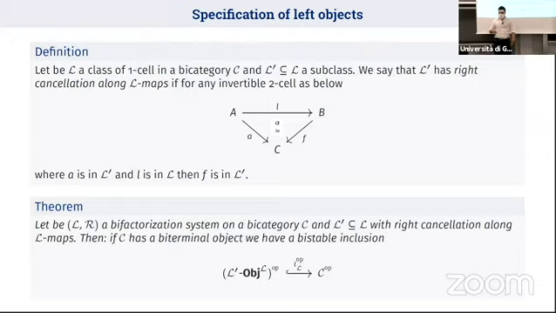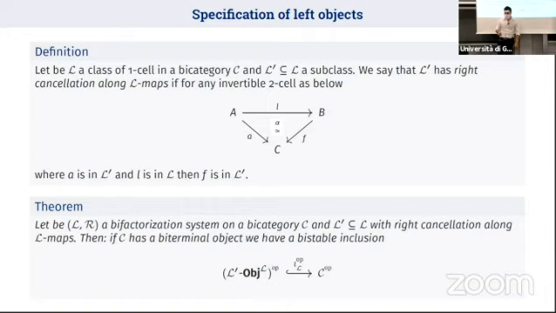Then the bistable inclusion of left objects refines to a bistable inclusion of the opposite of the bicategory of specified left objects and general left maps between them.